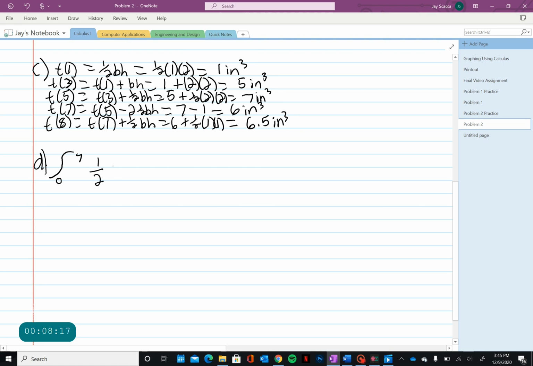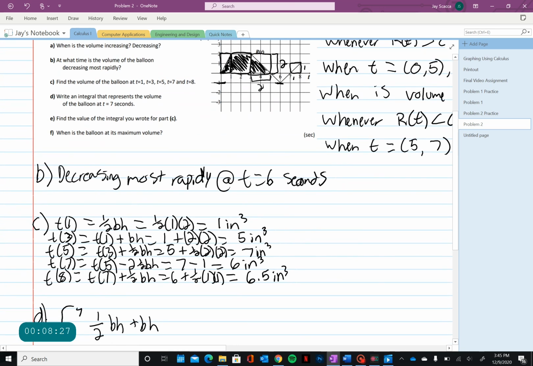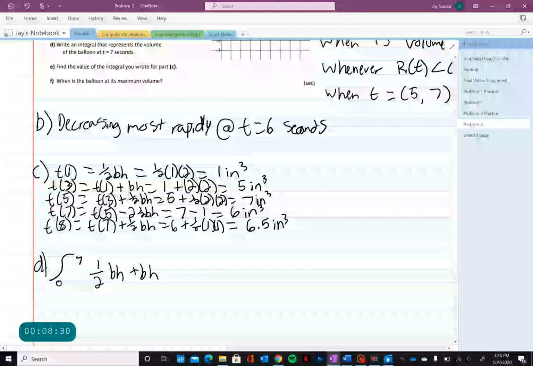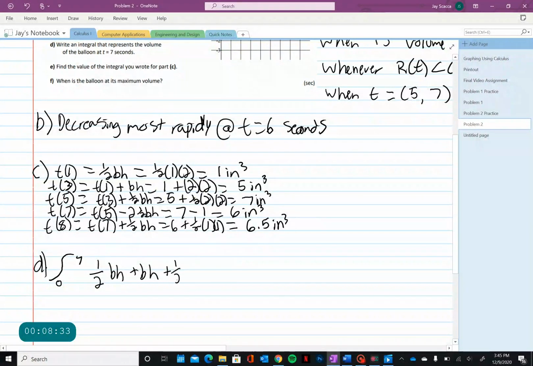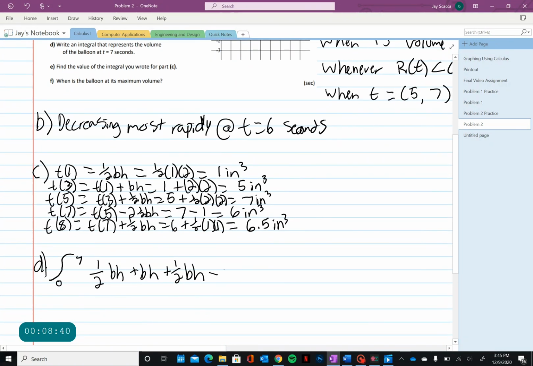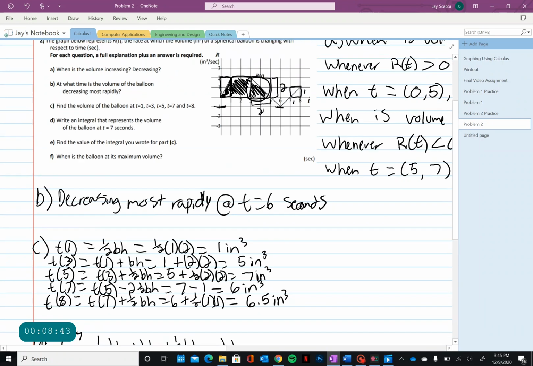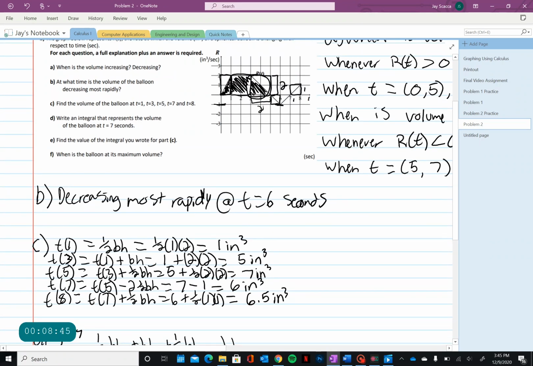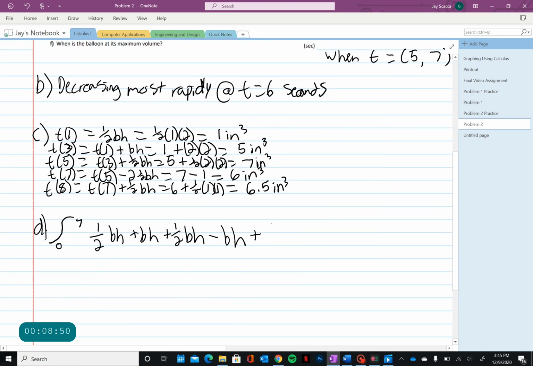One half base times height plus base times height of the square plus 1/2 base times height of this triangle minus base times height of one of these triangles, and then plus 1/2 base times height for the last triangle.